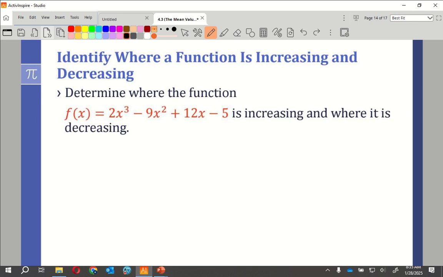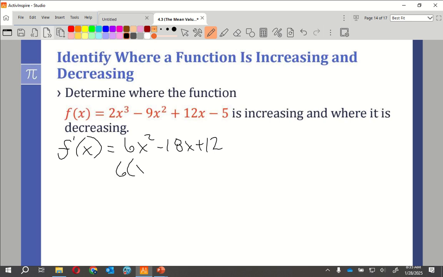So we're going to take the first derivative test. So we need to take the first derivative. f prime of x is equal to 6x squared minus 18x plus 12. Factor out a 6.